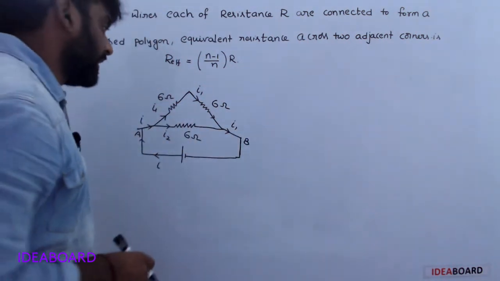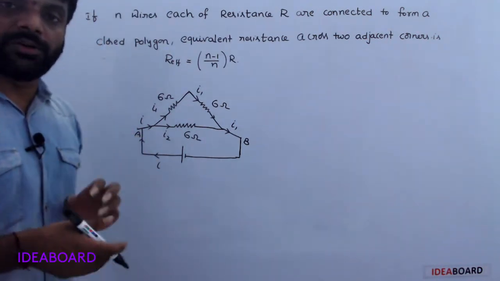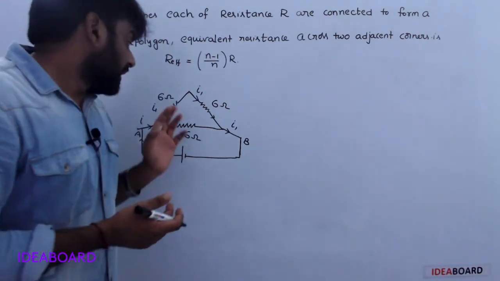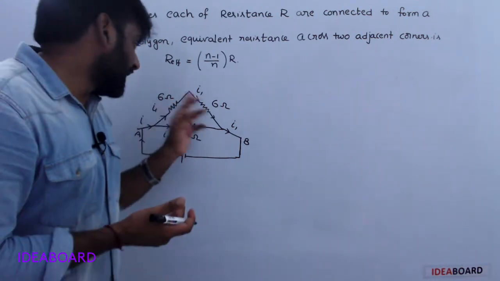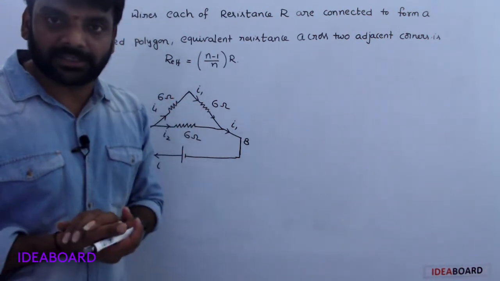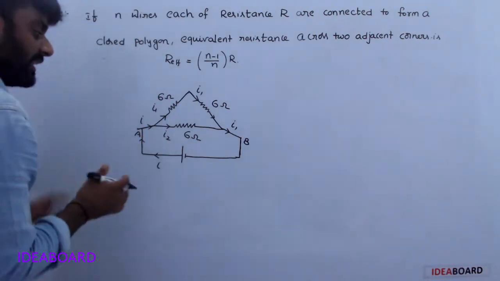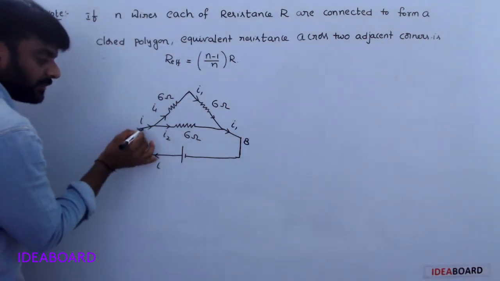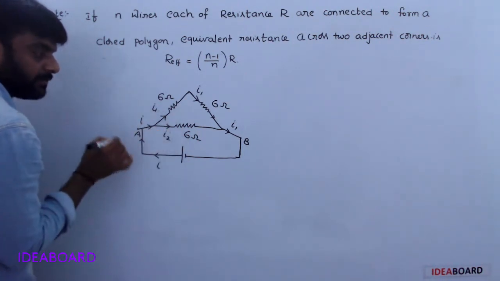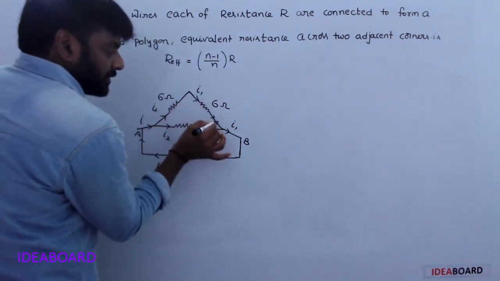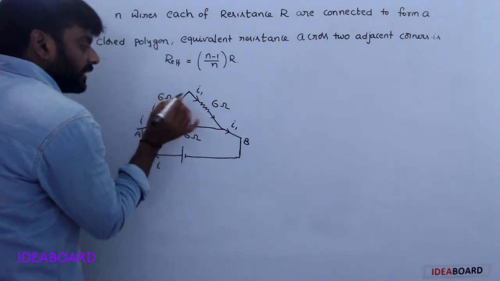Understood? First of all, the given one is an equilateral triangle. Adjacent sides are arranged with resistors, each having 6 ohm resistance. So the general method: current passes through this one and splits into two parts, I1 and I2.